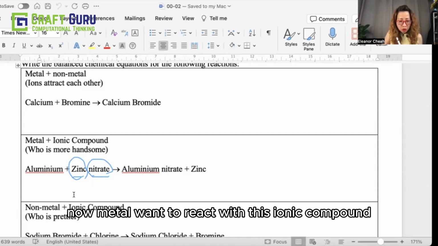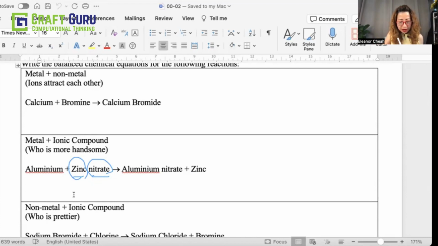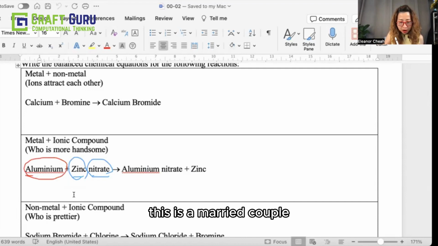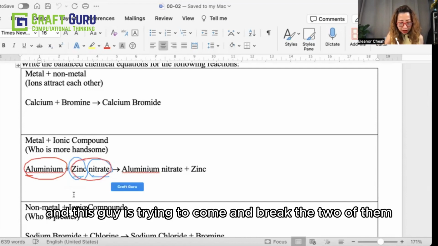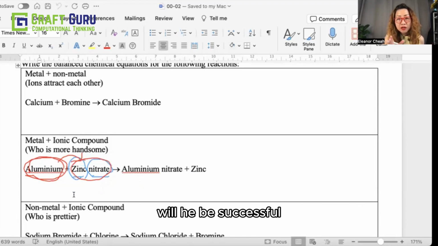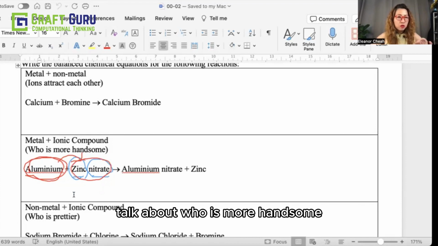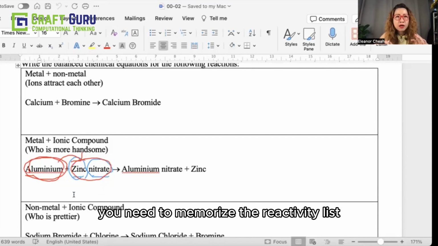Now metal want to react with this ionic compound. Again, using the love relationship example, this is a married couple. And this guy trying to come and break the two of them. Will he be successful? Depends on whether he is more handsome or not. So talk about who is more handsome, you need to memorize the reactivity list.